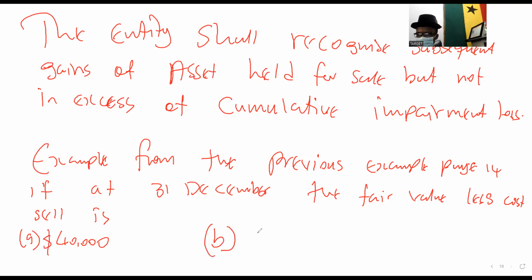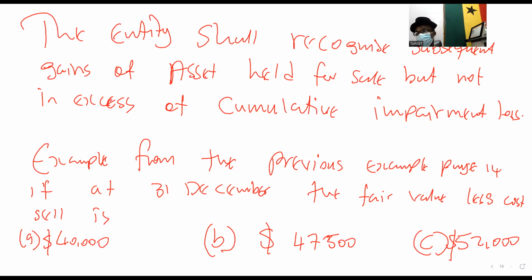B, the fair value is, in fact, $47,500. The last one is C. What if it is $52,000? Wow. So you are required to prepare how the financial statement will look like.